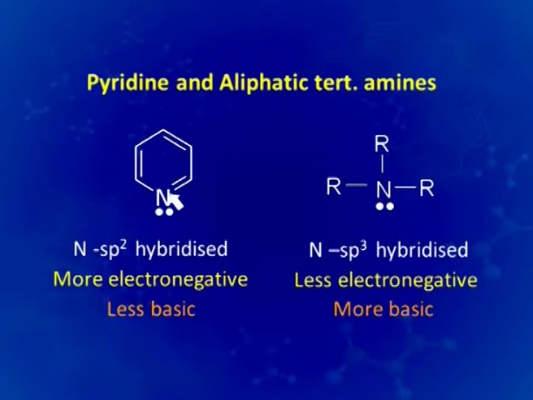So, it becomes less basic. Whereas in the case of aliphatic amines, this being less electronegative, lets the electron pair present on the nitrogen go to the substrate and becomes more basic. So, we can say that an aliphatic amine is more basic as compared to an aromatic amine like pyridine.